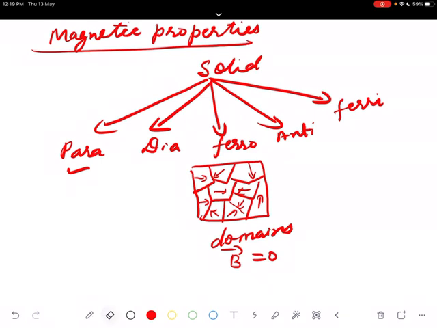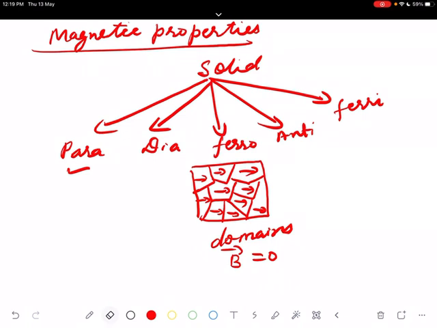So all these are oriented in the same direction.